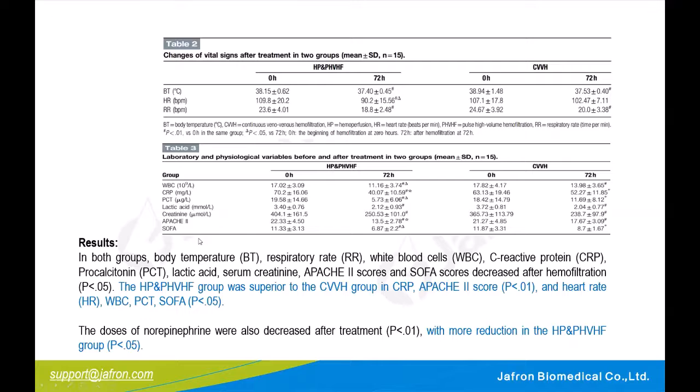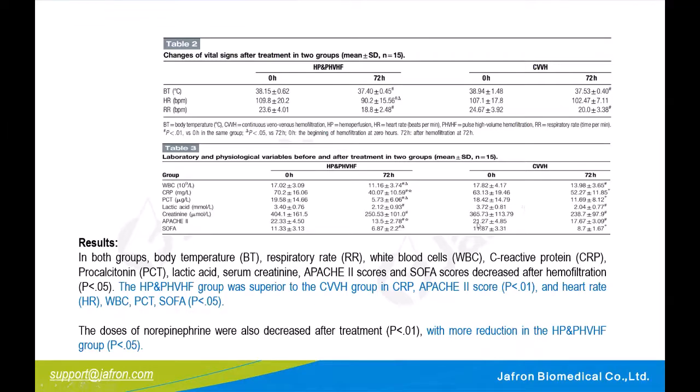But we can see that hemoperfusion plus post-high volume hemofiltration was more efficient compared with the CVVH group, such as the CRP and the APACHE II score here, from 22 to 30.5 in the CVVH group.